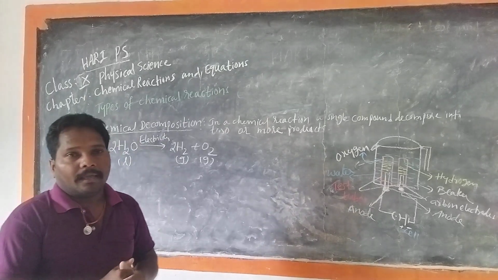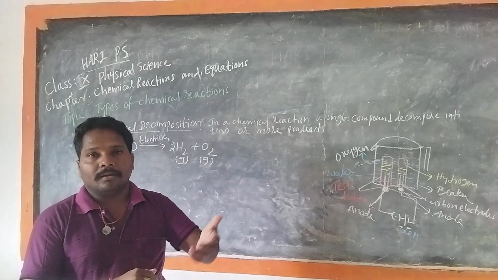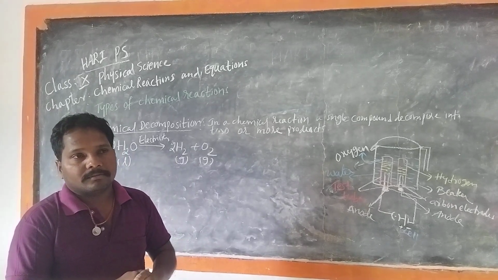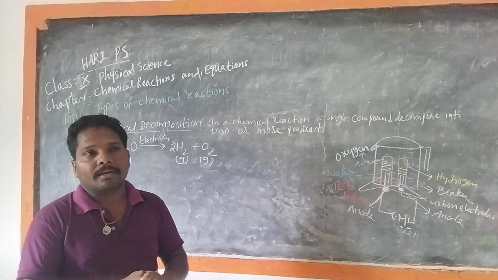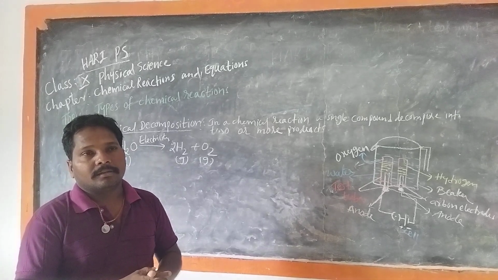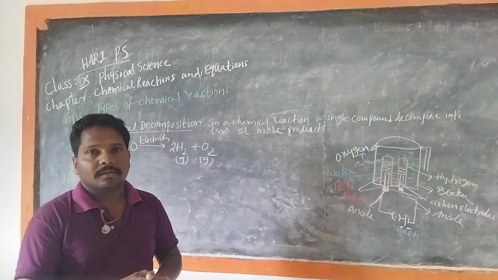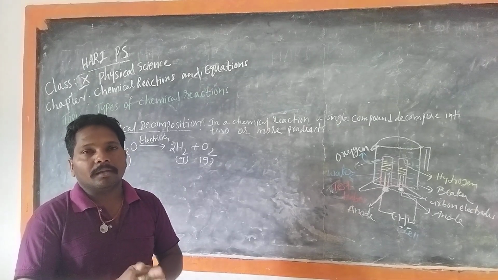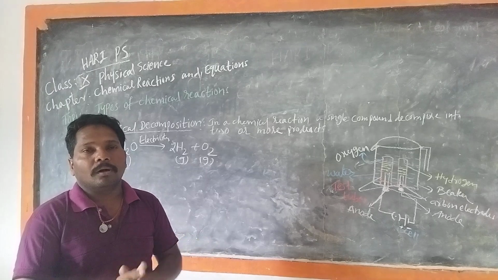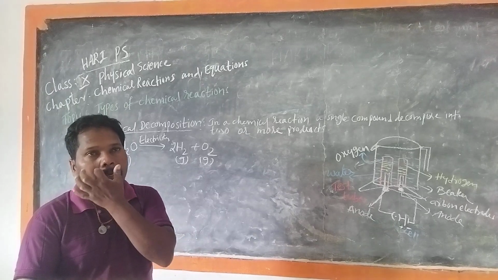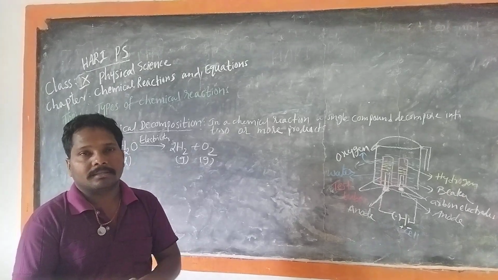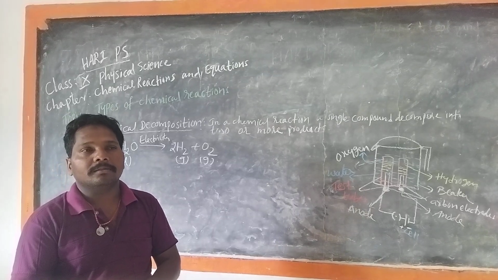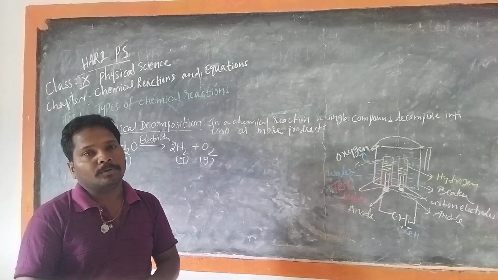Then yesterday, in the last class, we discussed types of chemical reactions: chemical combination and chemical decomposition. In chemical decomposition, two types were discussed. One is thermal decomposition and the other is photochemical decomposition.